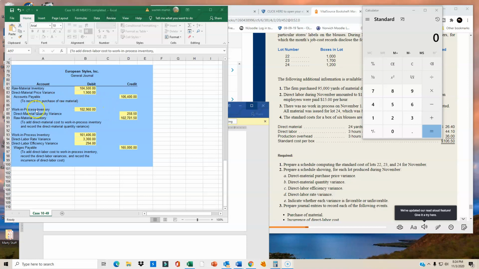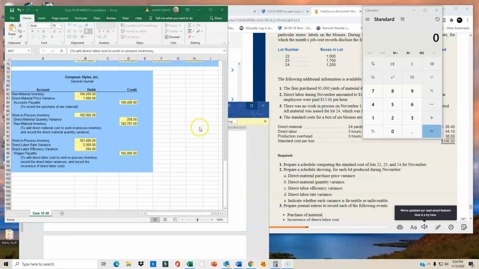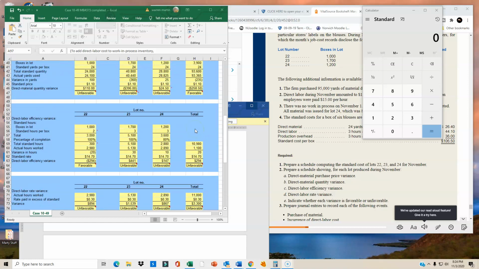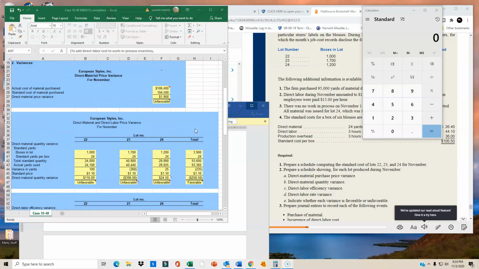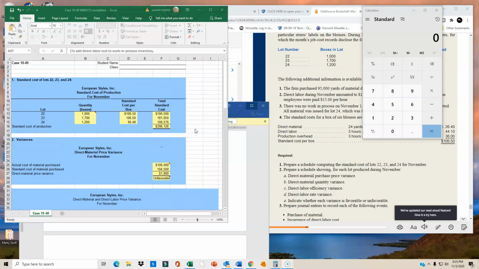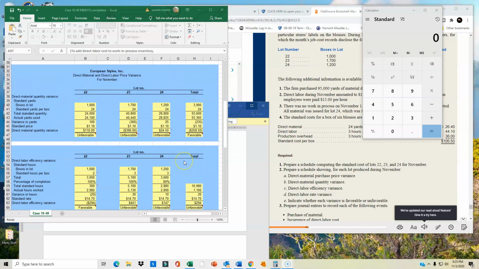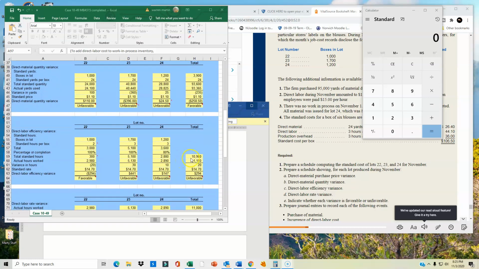Okay, this next part here, I already filled the numbers in. We're talking about the work in progress inventory, the variance, the material inventory. So where do we get that? Earlier, up here in the labor part, where did we go? 10.9, right here, this line here, standard hours. There was a total of 10,980.